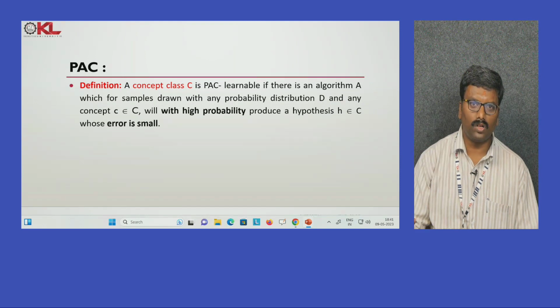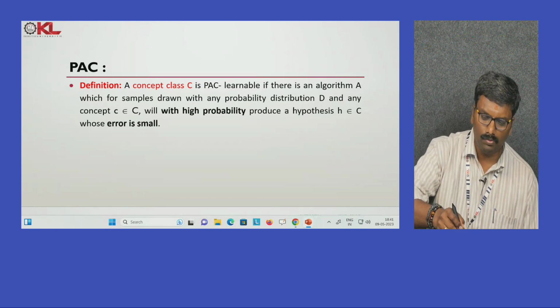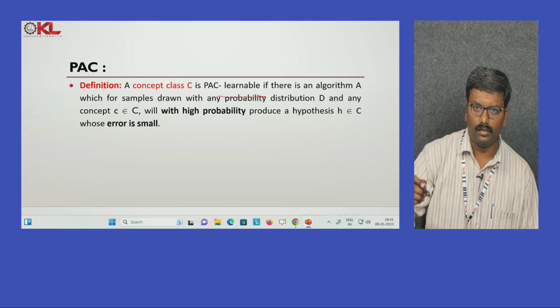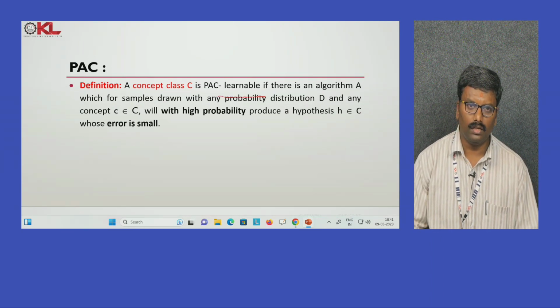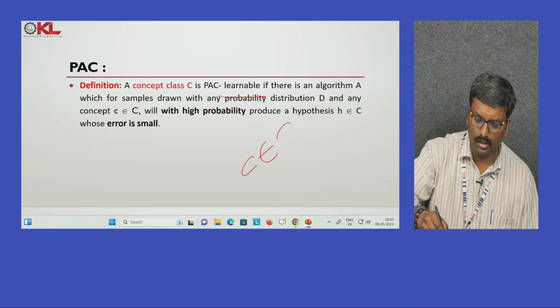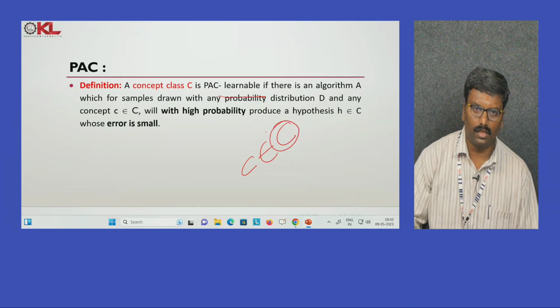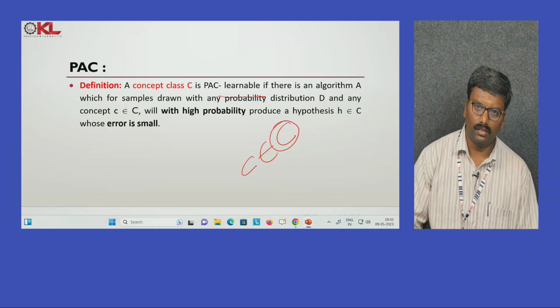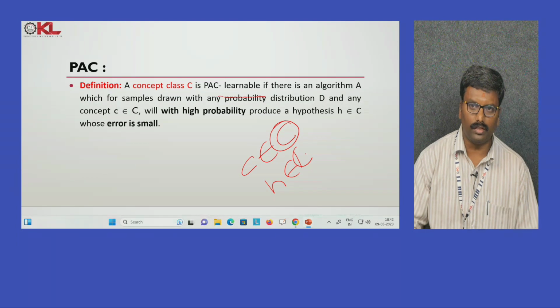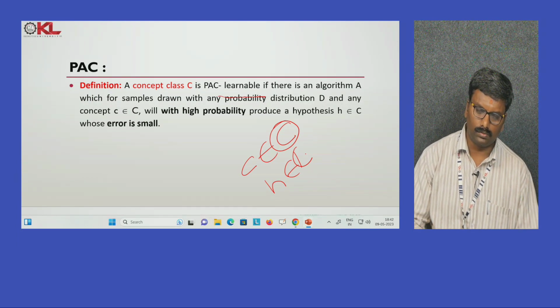A concept class C is probably approximately correct learnable if there is an algorithm A which, for samples drawn with any probability distribution D and any concept in the target concept class C, with high probability produces a hypothesis H in C whose error is small.